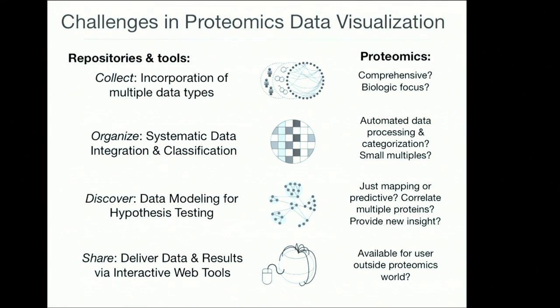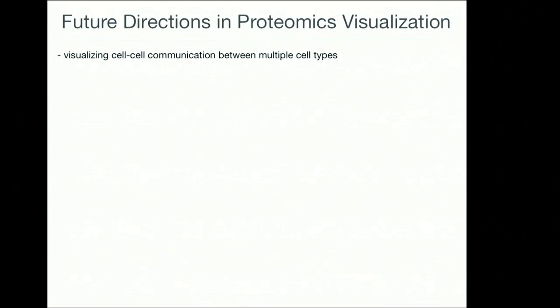And finally, proteomics sometimes tends to be closed on itself, so it's really important that we share these tools and databases. For future directions, I think visualizing cell-cell communication between multiple cell types is going to be really important.